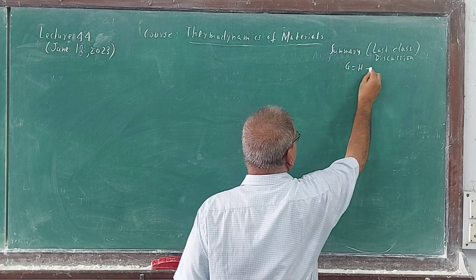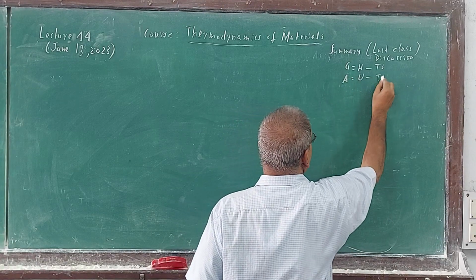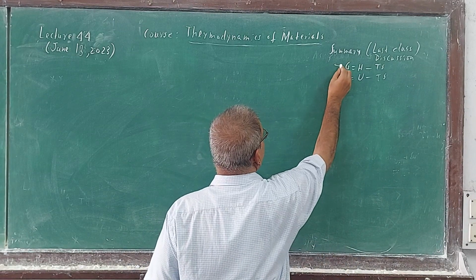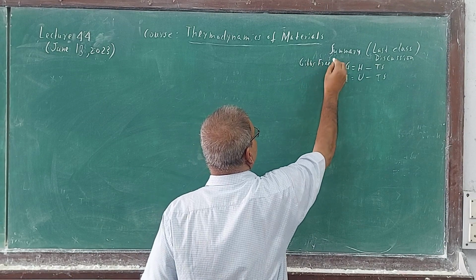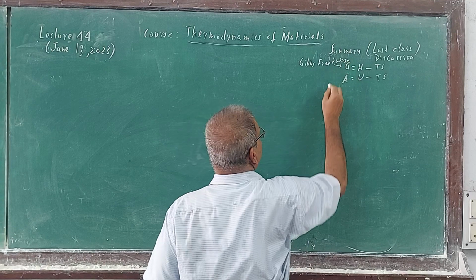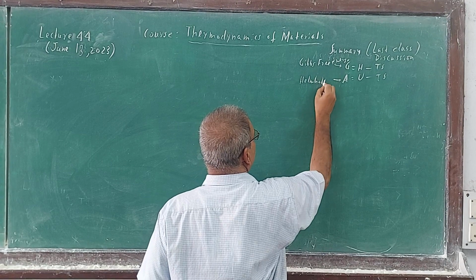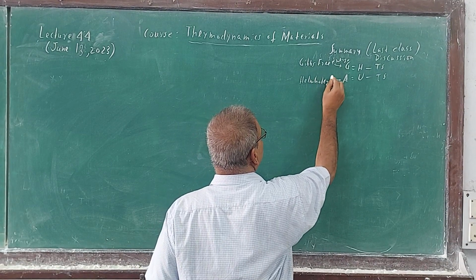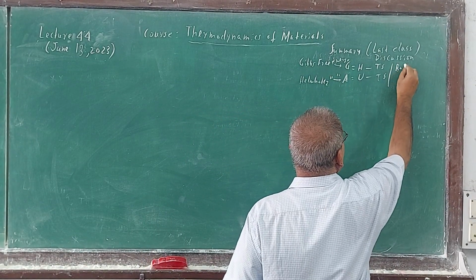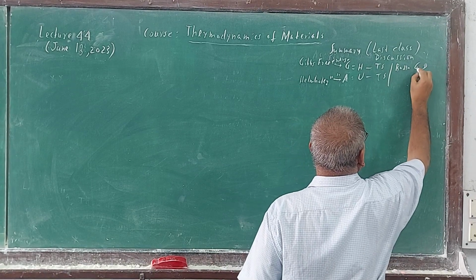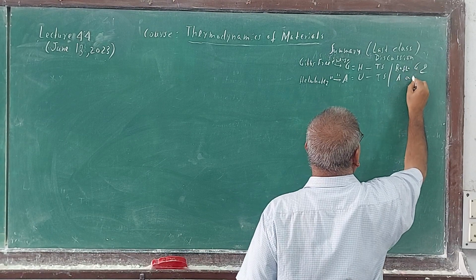G is H minus TS, the Gibbs free energy, and A is the Helmholtz free energy, U minus TS. Both G and A are state functions.